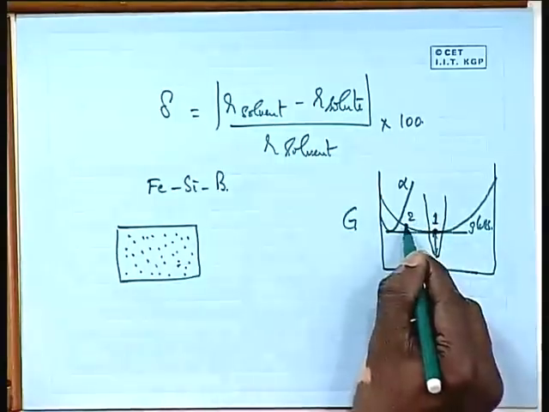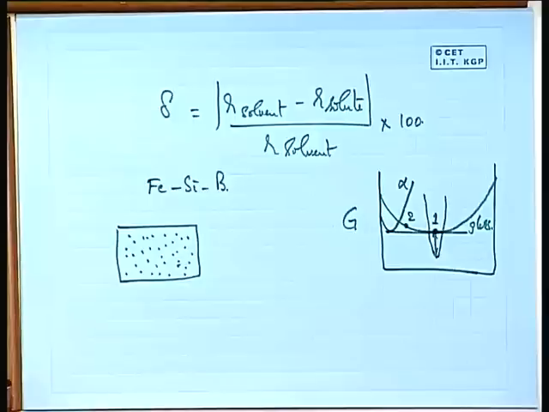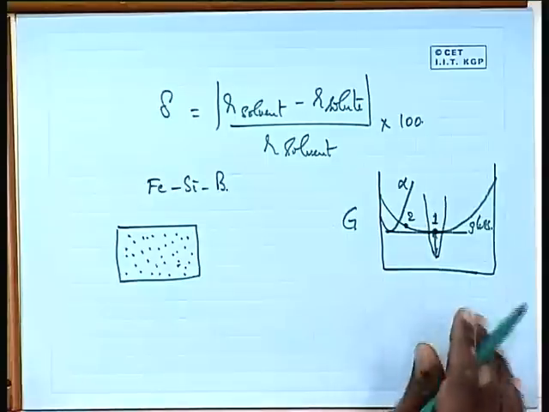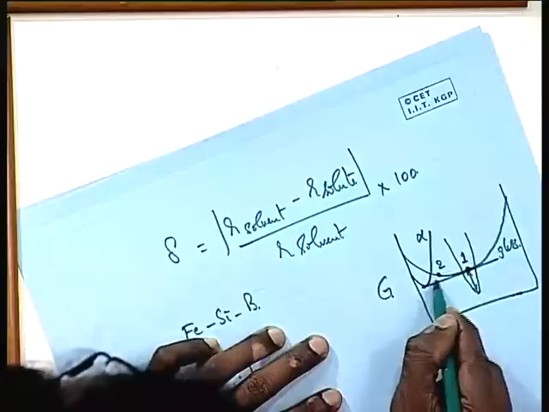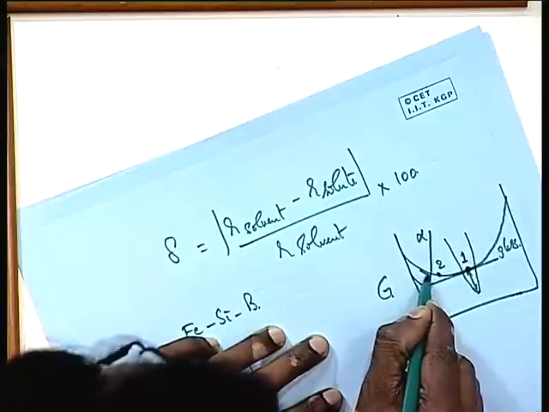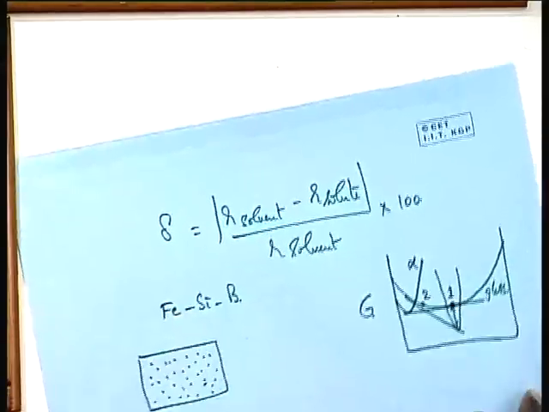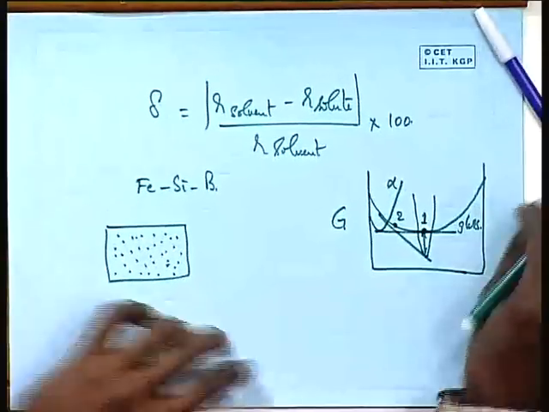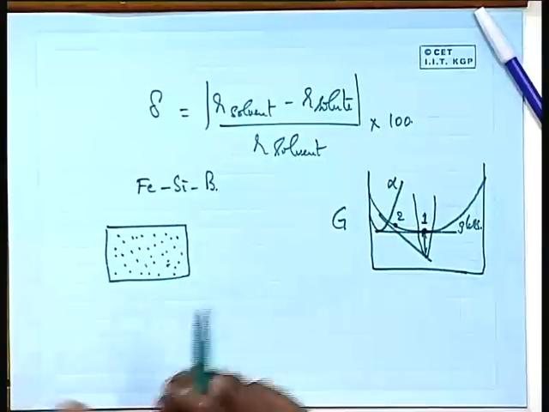Now, the glass of composition number 2 can either form this alpha or form the intermetallic; if you draw a tangent between the glass and the intermetallic, this is the tangent.